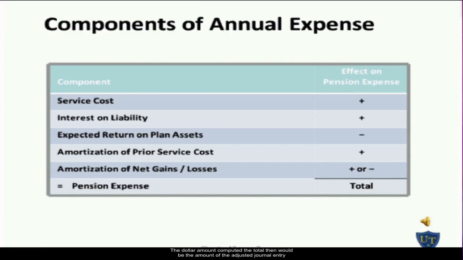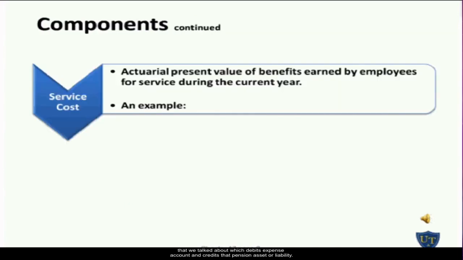The dollar amount computed, the total, then would be the amount of the adjusting journal entry that we talked about, which debits pension expense and credits that pension asset or liability. Next, we'll talk about each component of pension expense.